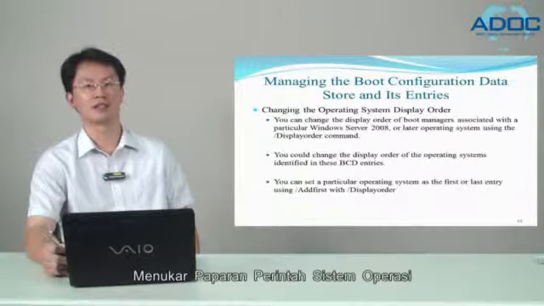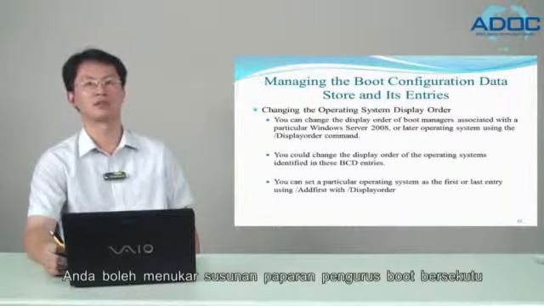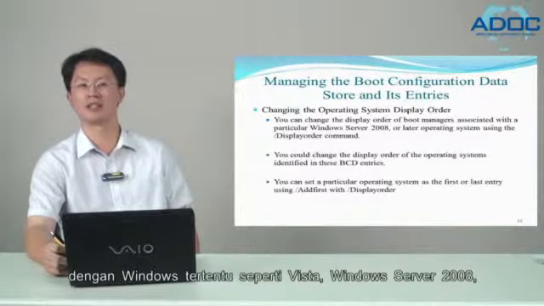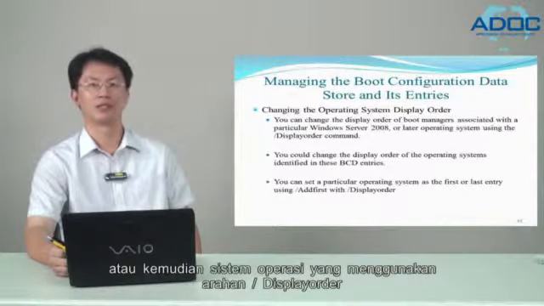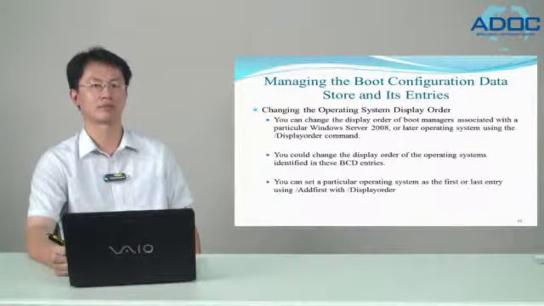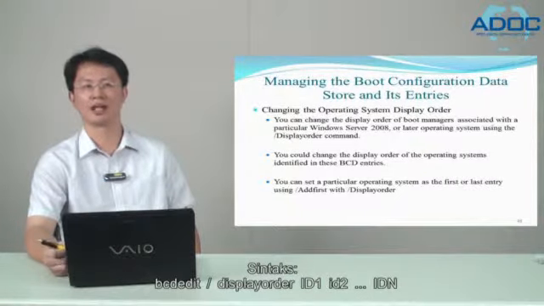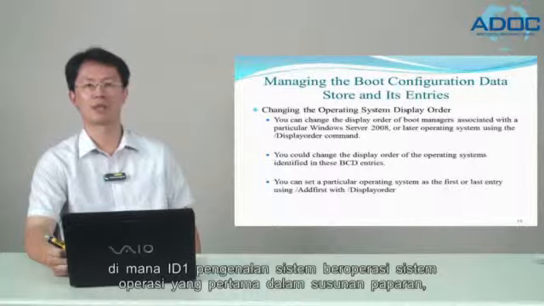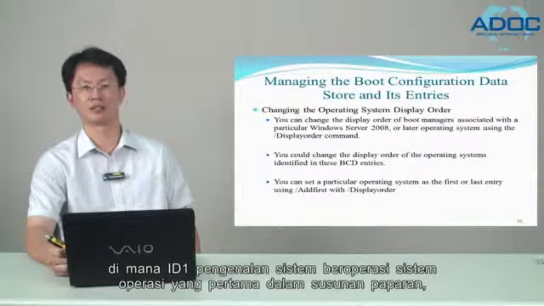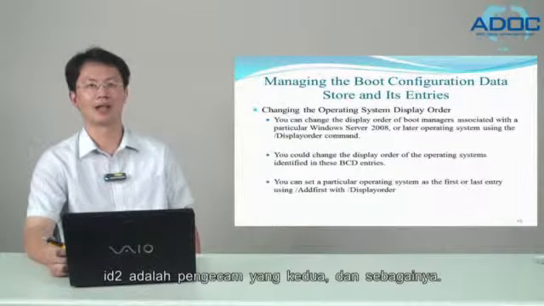Changing the operating system display order. You can change the display order of boot managers associated with a particular Windows Vista, Windows Server 2008, or later operating system using the /displayorder command. The syntax is bcdedit /displayorder ID1, ID2, IDN, where ID1 is the identifier of the first operating system in the displayed order, ID2 is the identifier of the second, and so on.